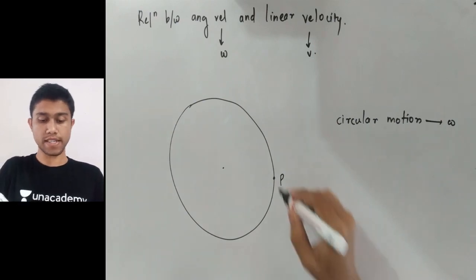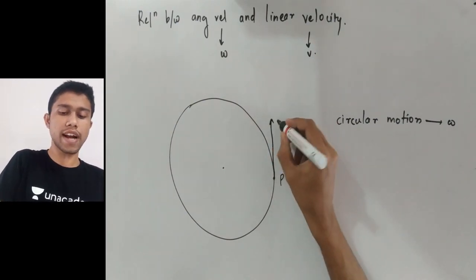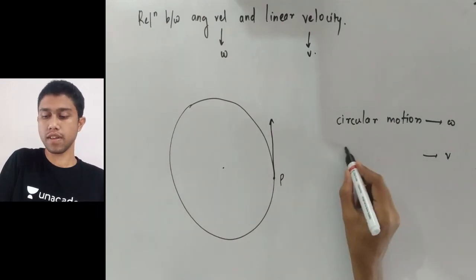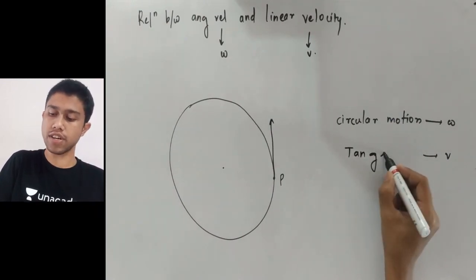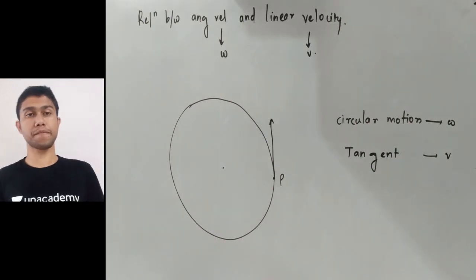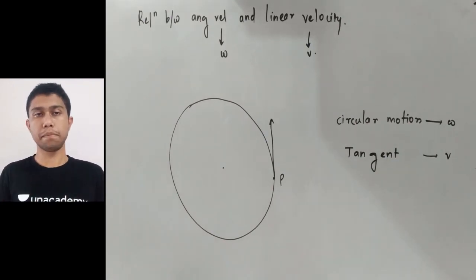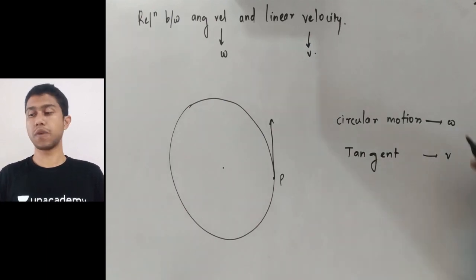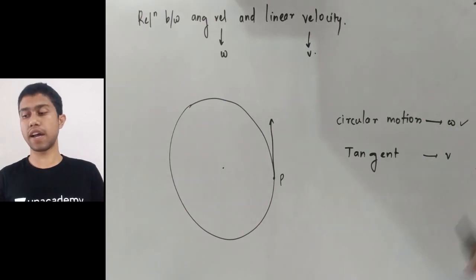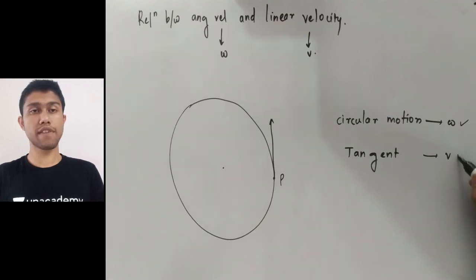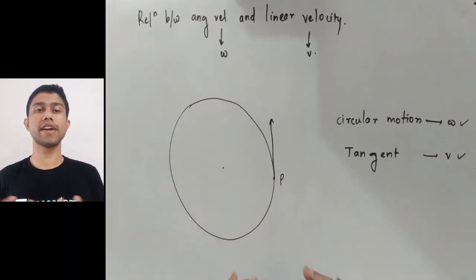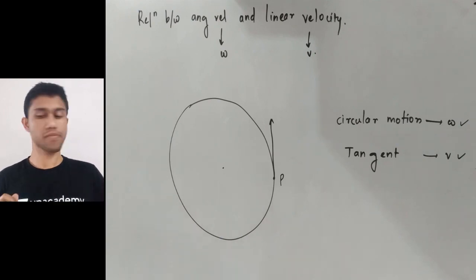Okay, but if I take a tangent at this point, I also can get a v along the tangent. So I can say that a particle which is performing a circular motion will have two velocities. One is the angular velocity omega and one is the linear velocity v. And now we'll see an expression in which we can relate these two terms. Okay.